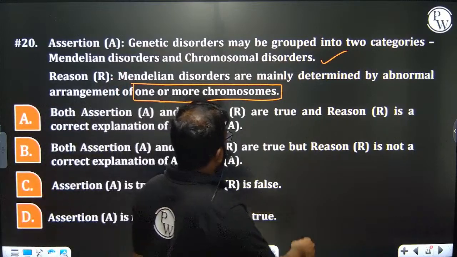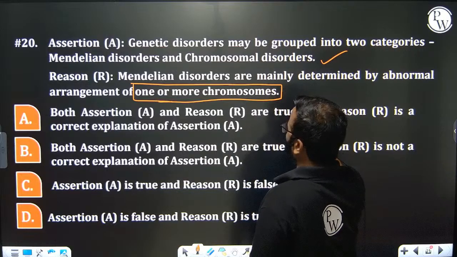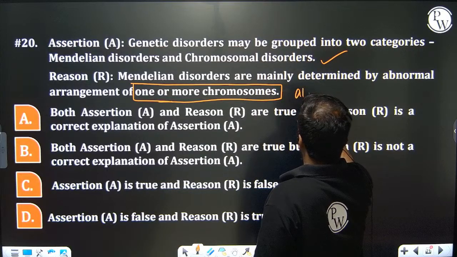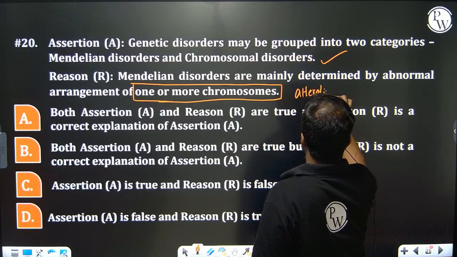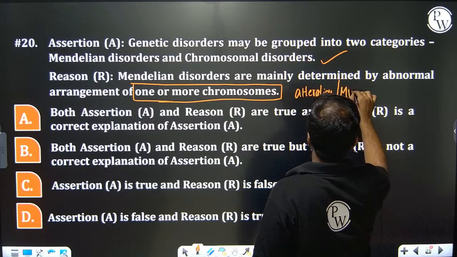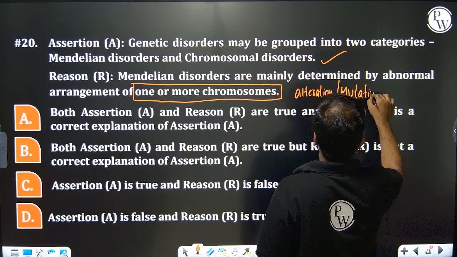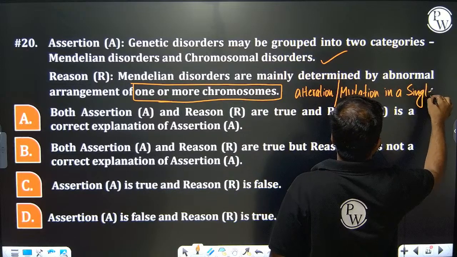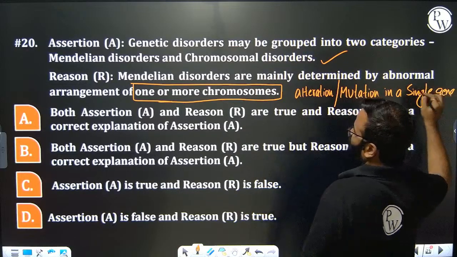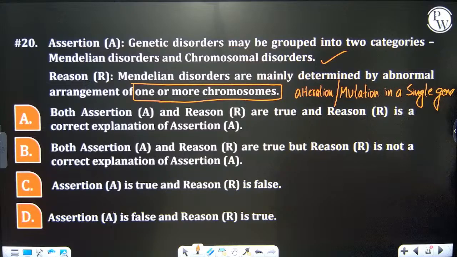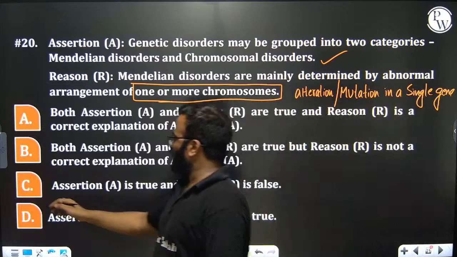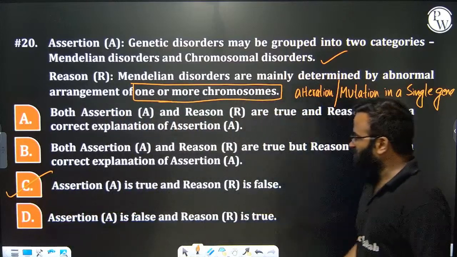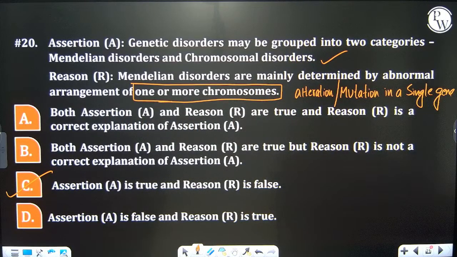I think he is talking about an alteration or mutation in a single gene. This is what it should be for Mendelian disorders. So I would go with C as the answer. Assertion is true, but reason as a statement is false.